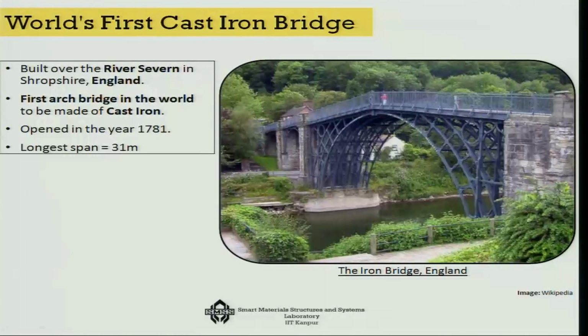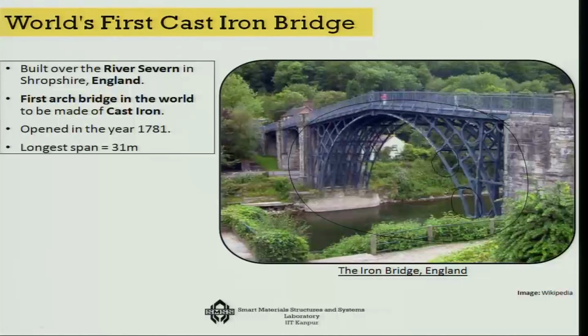If you look at this arch part of the bridge, it is developed in such a manner that there will be only compressive load in each of the members of the arches. So, you have to keep in mind that this form of iron we are talking about, cast iron, is very weak in tension, and since it is very weak in tension, you cannot make a bridge where a tensile force will be working on the system.